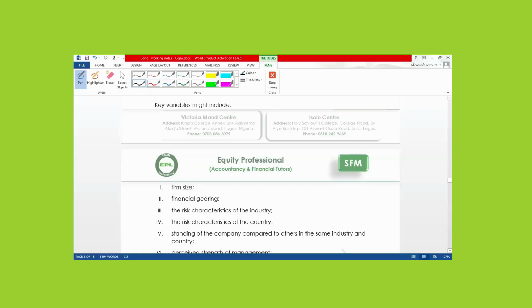Number three, the risk characteristic of the industry where a company operates. For example, the banking sector. That industry is highly volatile.